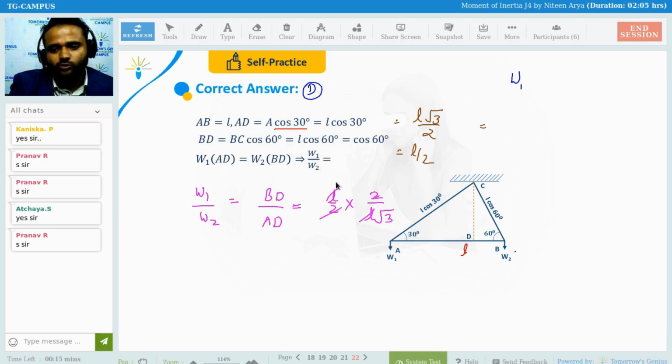The mass mg is going to be cancelled out, and basically we want to find the ratio of W1 and W2. So the mg is cancelled out, and this length ratio we need to find. So that is 1 by root 3. Clear, everyone?